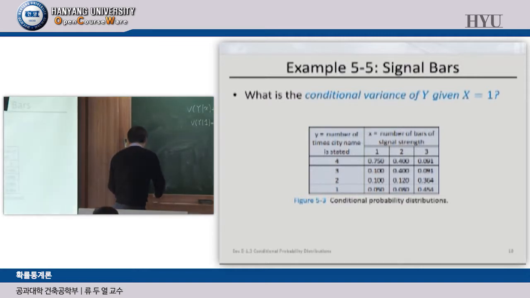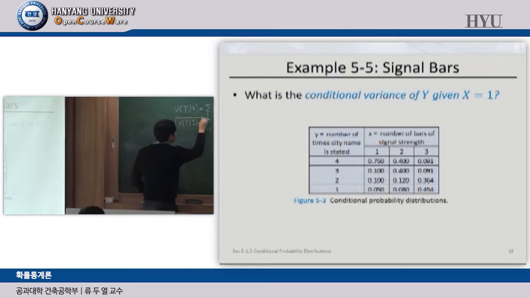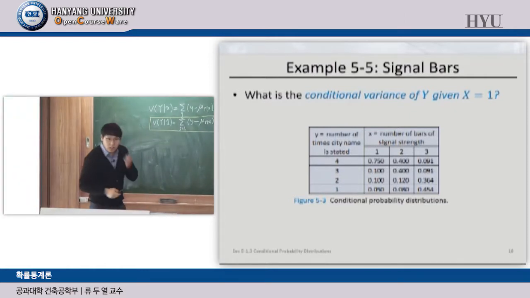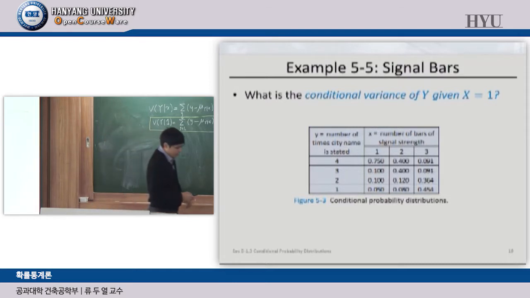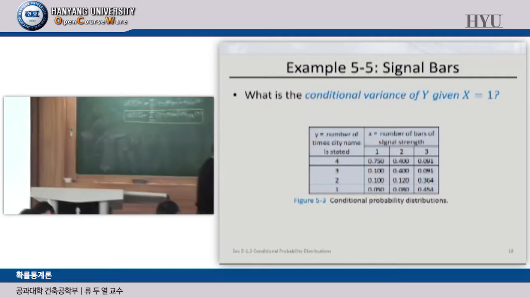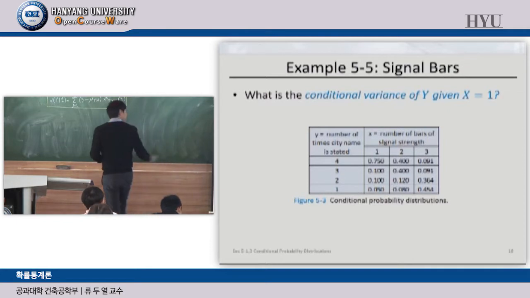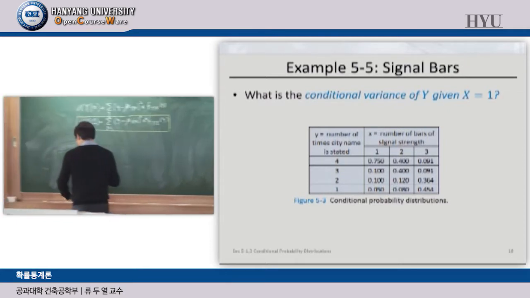We have to solve this equation. To calculate it, we have to know the conditional probability mass function of Y given x. As we have already done, we calculated this conditional probability distribution table to easily solve this problem. So, based on this table, we can solve this equation.